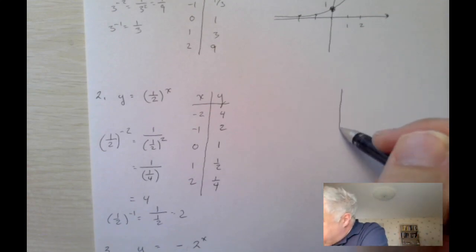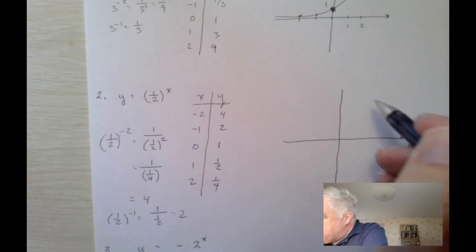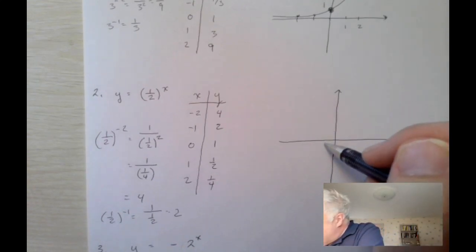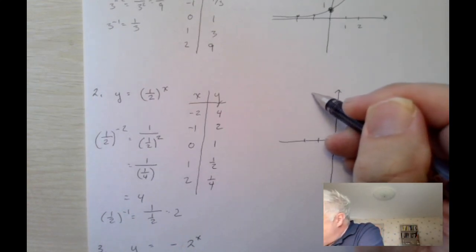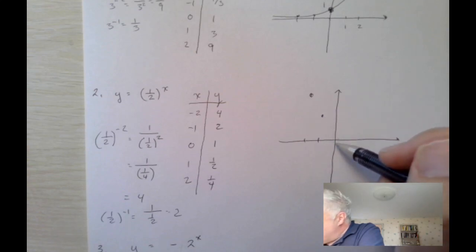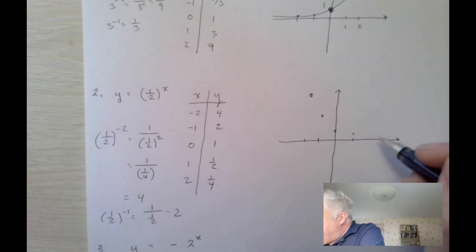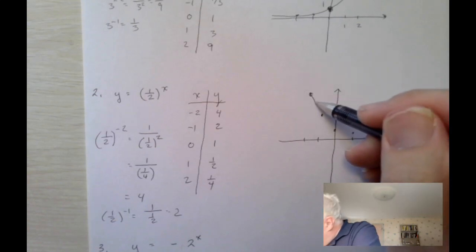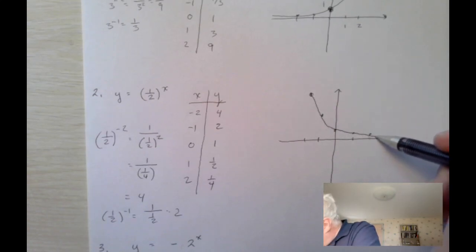So now, if we plot these points, we see that we almost have the opposite, right? Here's negative 2, 4. Negative 1, 2. And 0, 1. 1, 1/2, and 2, 1/4. So we have a curve that looks like this.